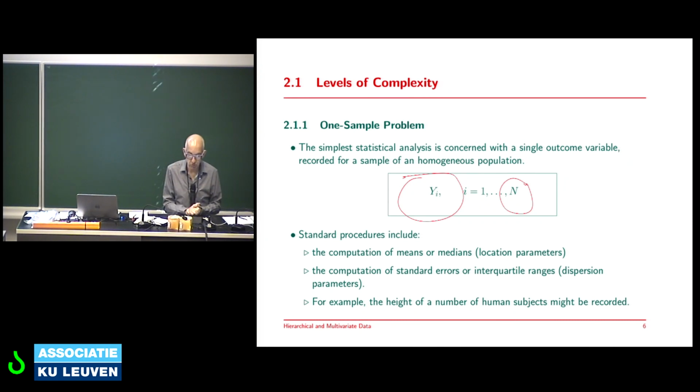And therefore we usually quantify the variability through standard deviations at population level, standard errors around an estimate for a population mean, for example, but sometimes also interquartile ranges or other non-parametric methodology.